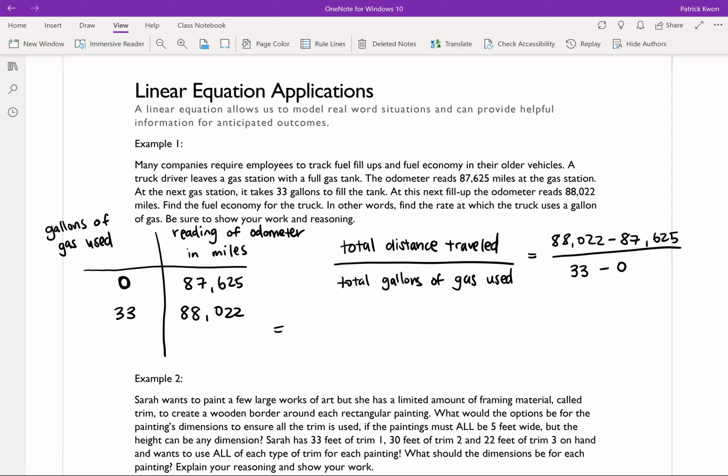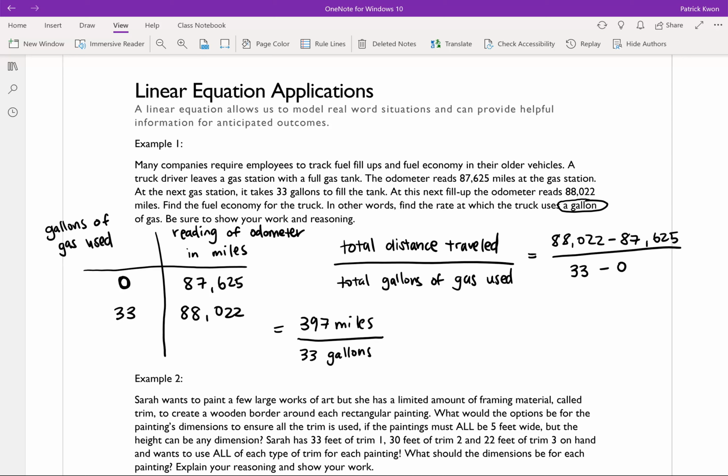I threw that into my calculator, and the numerator of this fraction, if we subtract those two numbers, we get 397 miles. That's the units for those values. And then 33 minus 0 is just 33 gallons. But notice here, it says that we want to find the rate at which the truck uses a single gallon.